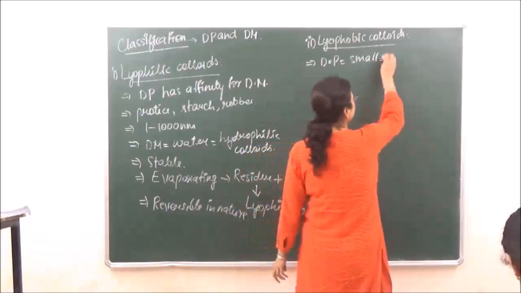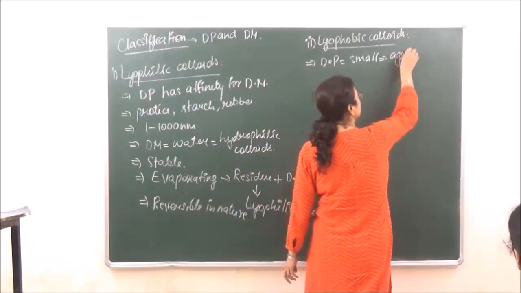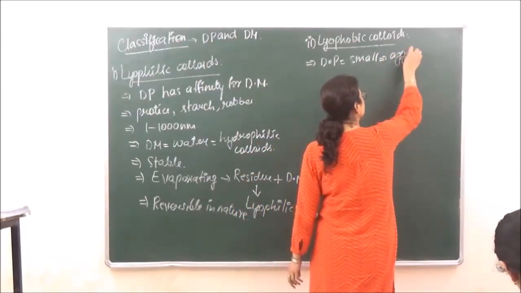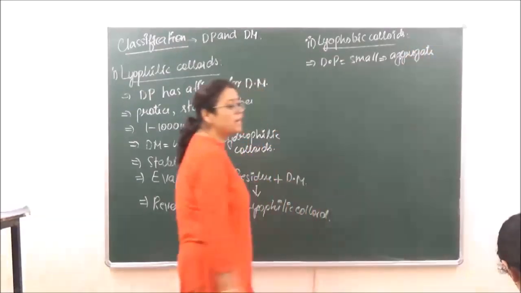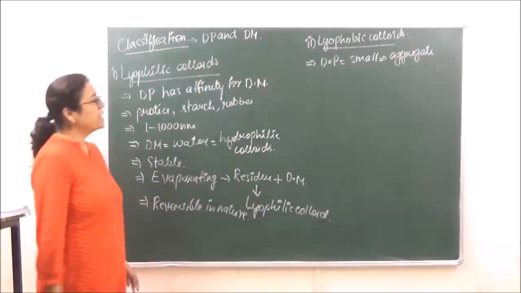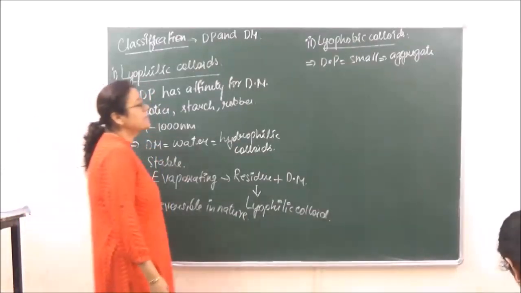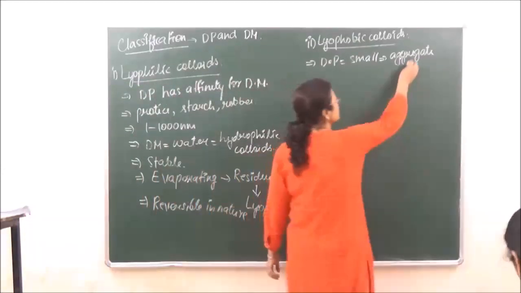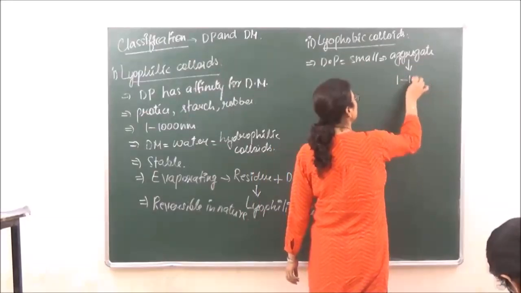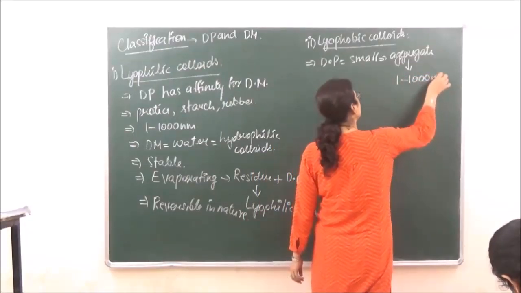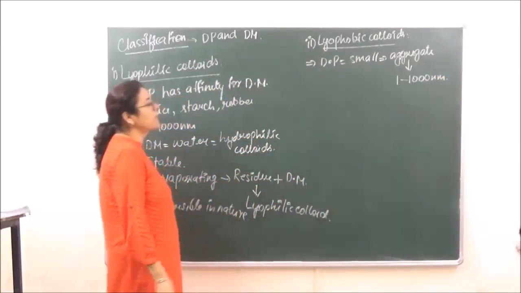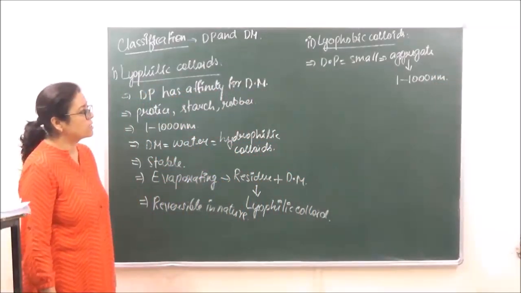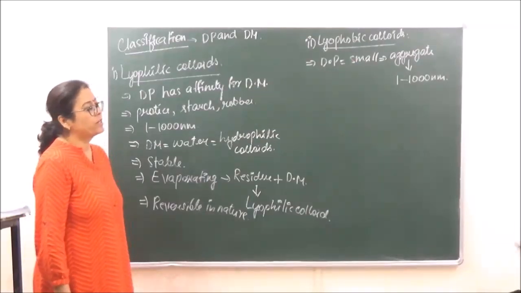So therefore they aggregate, right? They aggregate to form clusters in such a manner that the size now becomes between 1 to 1000 nanometers, which is the colloidal range.